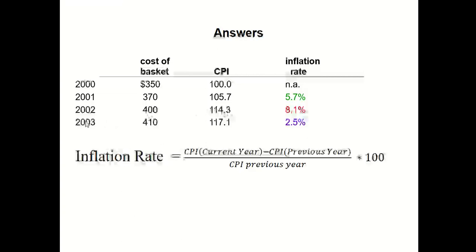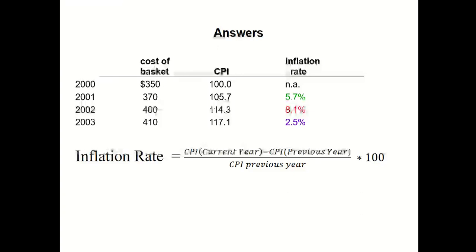And for year 2003, we have to divide 410, that is the cost of basket in that current period, by 350, that is the cost of the basket in the base year. So dividing 410 by 350 multiplying by 100, we get 117.1, that is the CPI of year 2003.